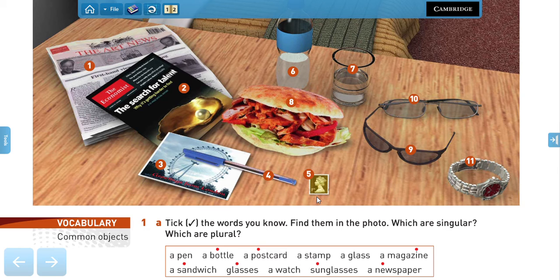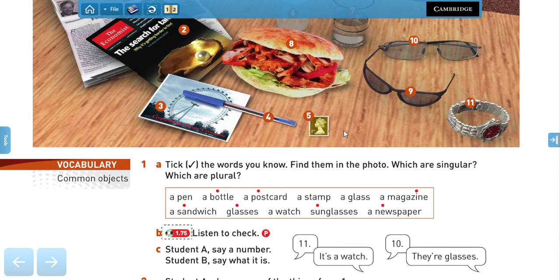Try to think of the things you have in your room. Maybe you are in your bathroom or in the living room or in an office. So look around you. What things do you have? Try to make a list of 10 things you can name in English. That would be very good.